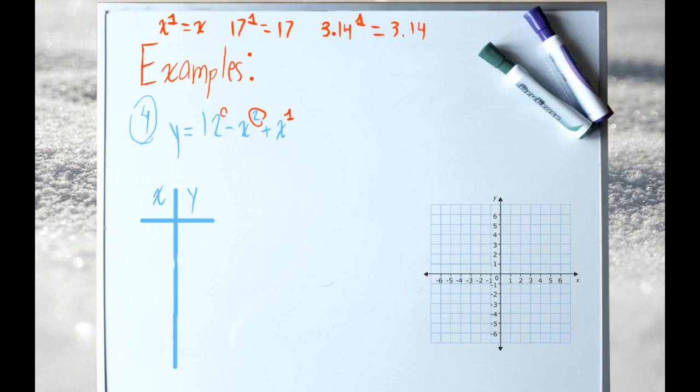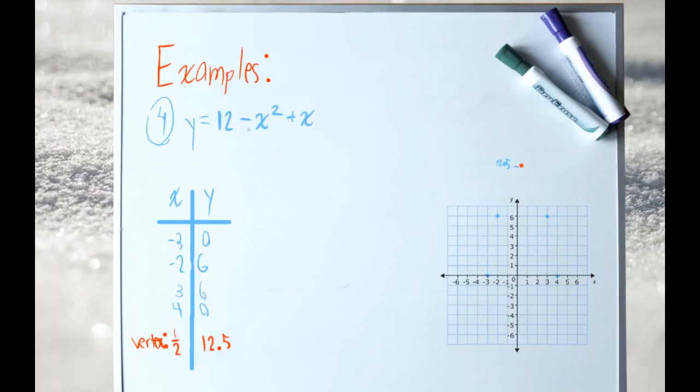To put this in standard form, we get -x squared, since this is the highest power, plus x plus 12. Once you do this, you can put it in Desmos or your graphing calculator to get this table and plot these points here.